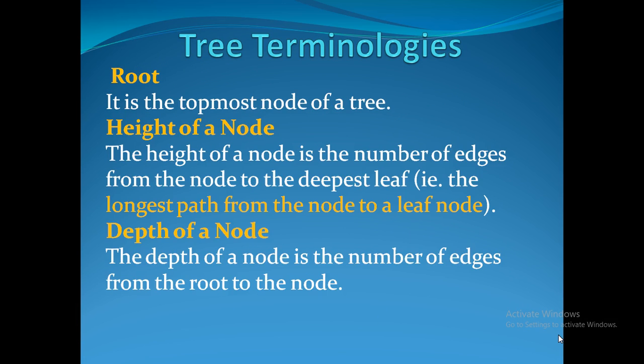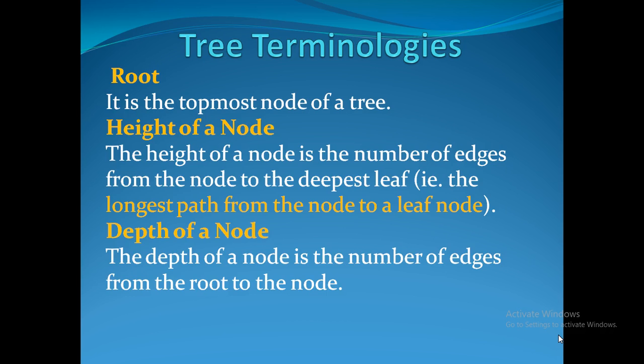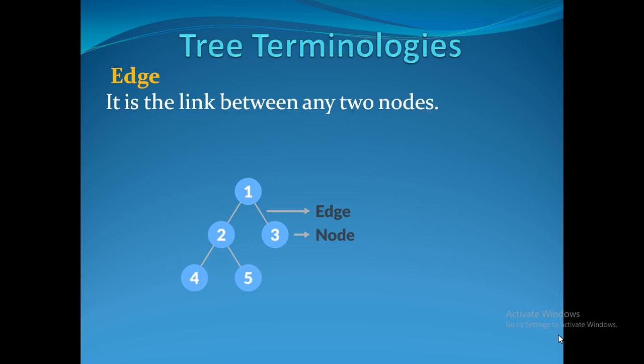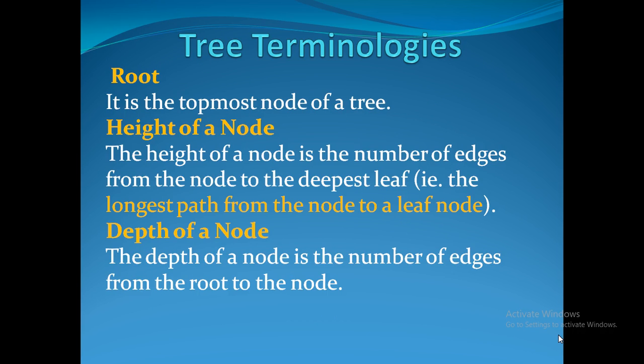Then the depth of a node. The depth of a node is the number of edges from the root to that particular node. The root node always has depth 0. For 2, the depth will be 1, because the number of edges between the root and that node is the depth of the node.